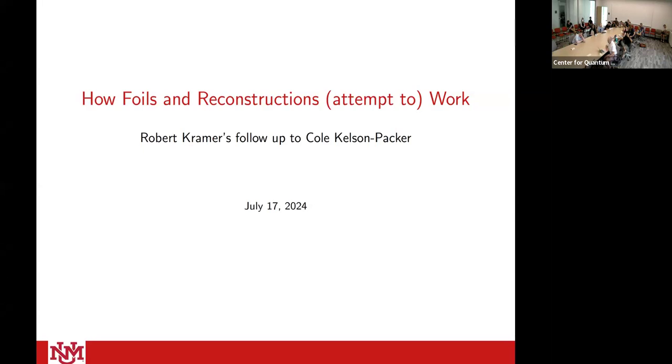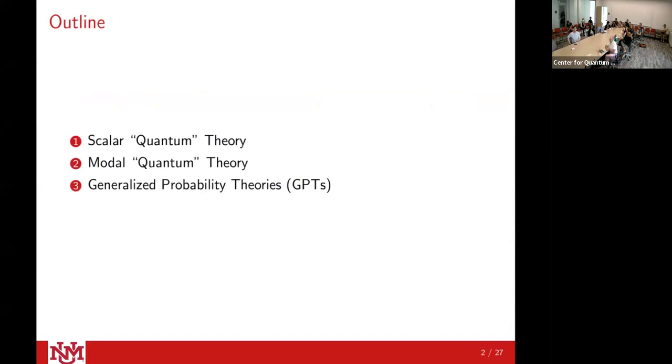All right. So Cole gave a broad idea about foils and reconstructions. I'm going to go through just 3 examples of how foils are used. I guess these are 2 foils and one generalized reconstruction schema. These give us some idea of why we need the strange axioms of quantum mechanics that we're currently dealing with.